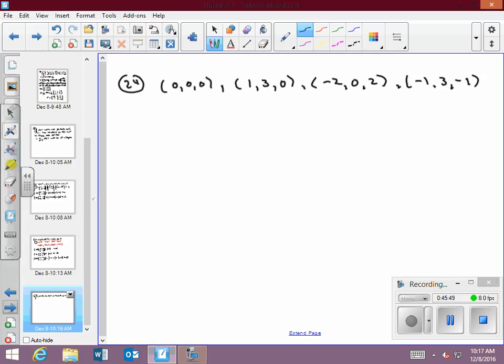Now this is going to be the absolute value of the determinant of the three vectors. 1, 3, 0, minus 2, 0, 2, minus 1, 3. Okay. Absolute value.